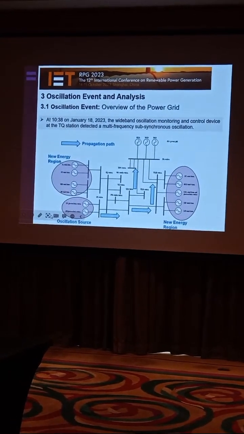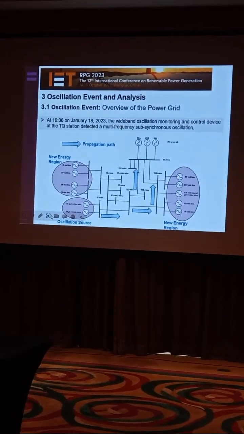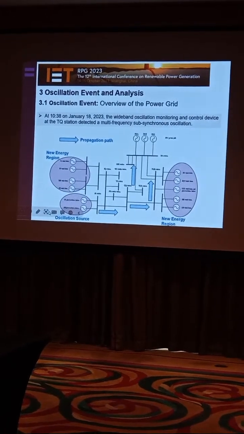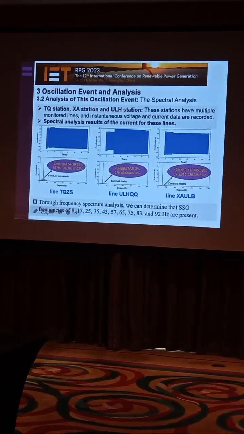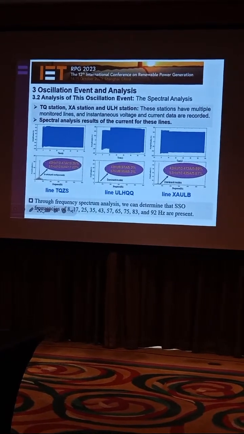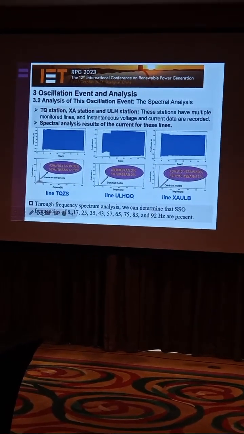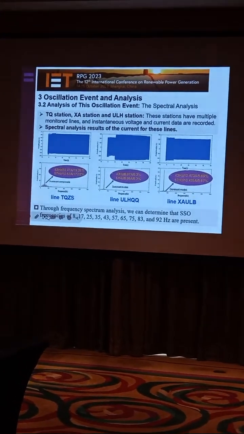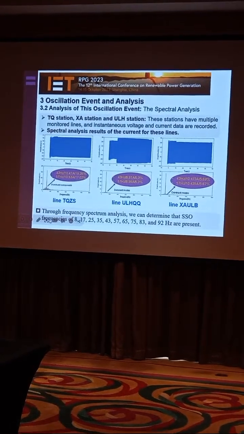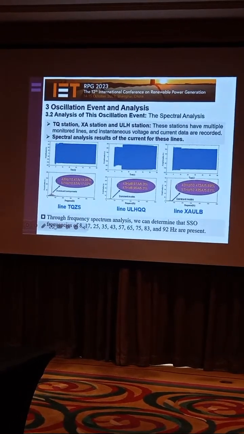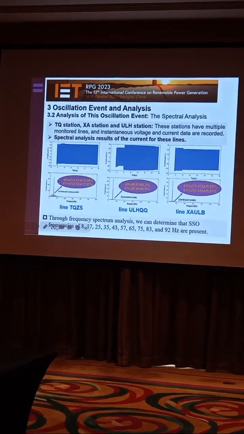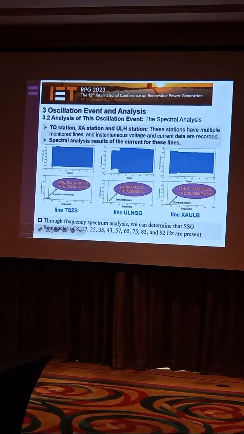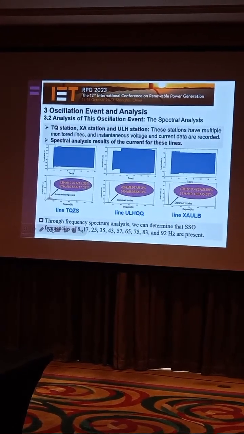The wideband oscillation sources and propagation paths are shown here. TQ, XA, and ULH stations have multiple monitoring lines, and the voltage and current data are recorded. Through frequency spectrum analysis, we can determine that sub-synchronous oscillation frequencies of 8, 17, 25 Hz, and so on are present.